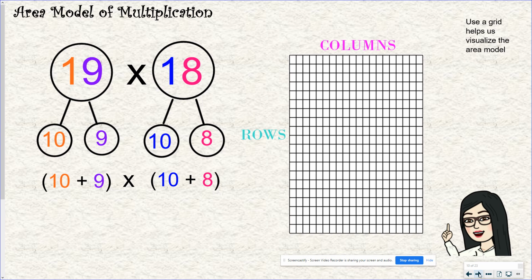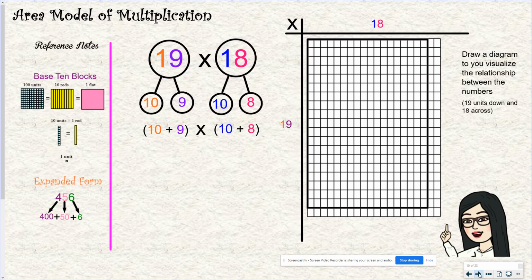We are going to use a grid to help us visualize the area model. We have rows and columns. So we know we have 19 groups of 18. I'm going to draw a diagram to help you visualize the relationship between the numbers. So if you notice, I drew a diagram.